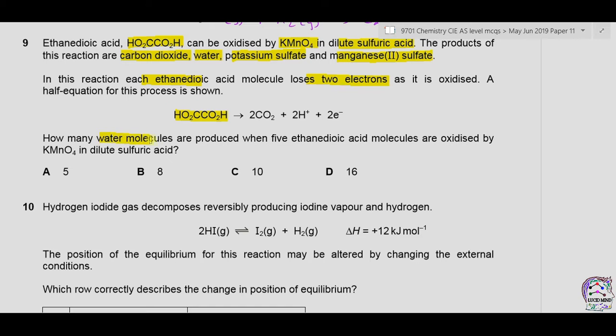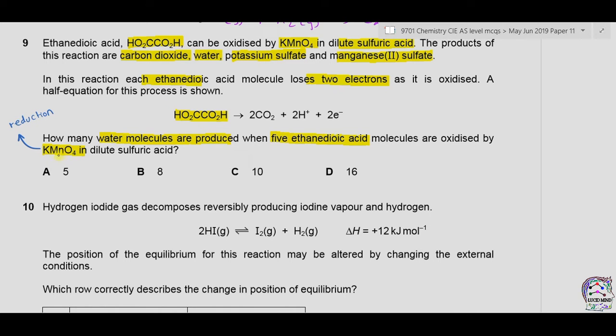How many water molecules are produced when 5 ethane dioic acid molecules are oxidized by KMnO4 in dilute sulfuric acid? Now as ethane dioic acid reacts with KMnO4, KMnO4 is itself reduced, while ethane dioic acid is oxidized.